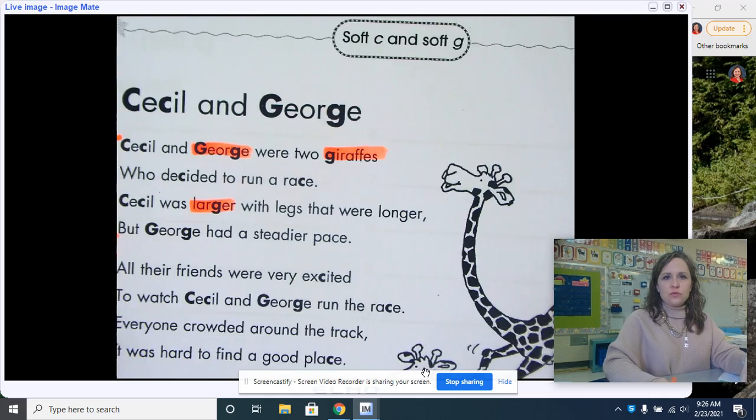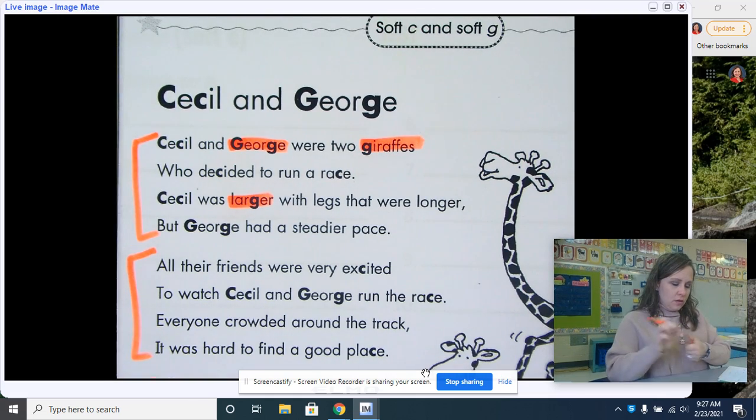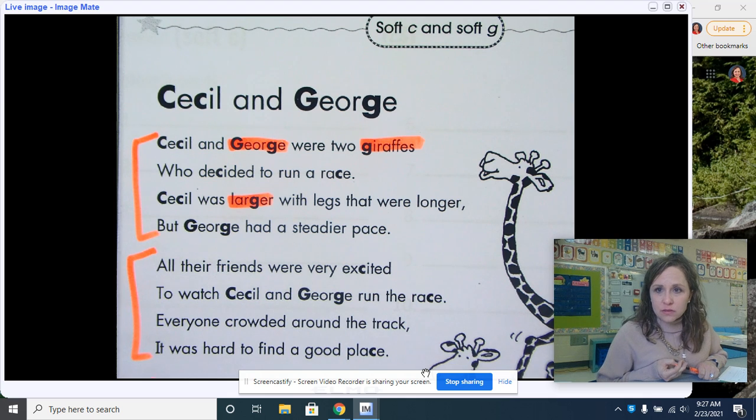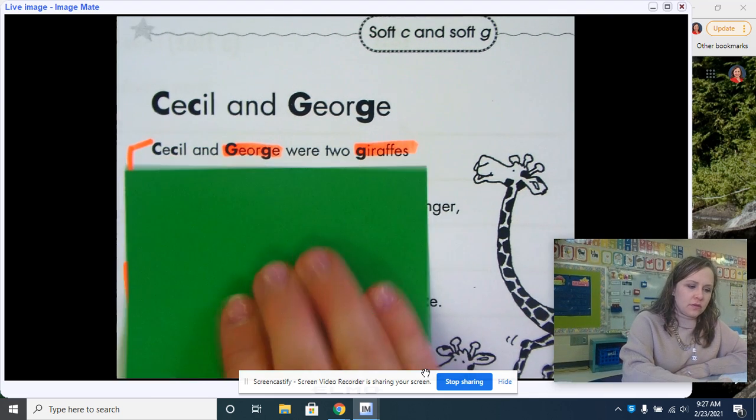All right, let's zoom on in. I've got the highlighted words that have the soft G. I didn't highlight George more than once because it's redundant. Now we're going to have to read the soft C sounds too. We can do this.